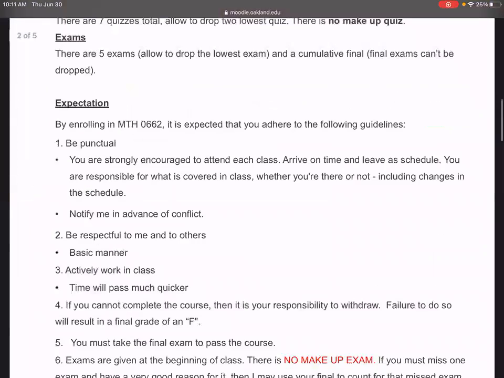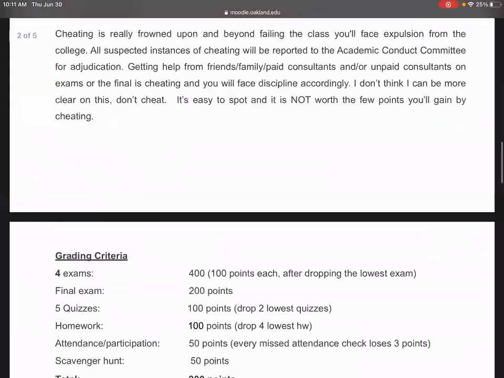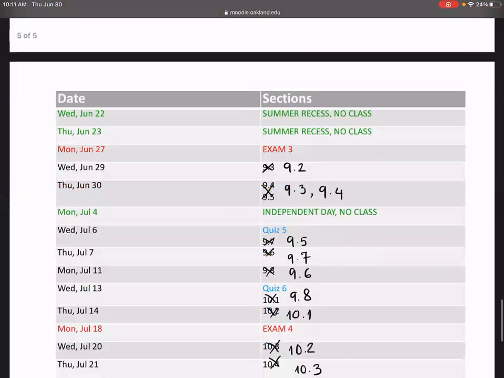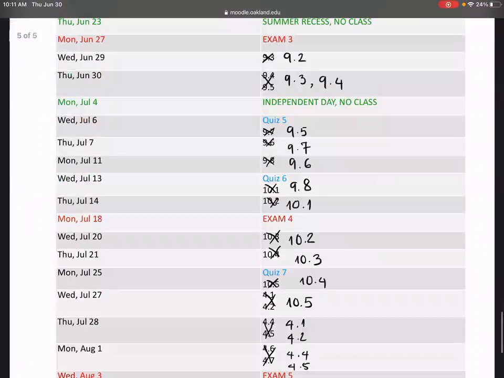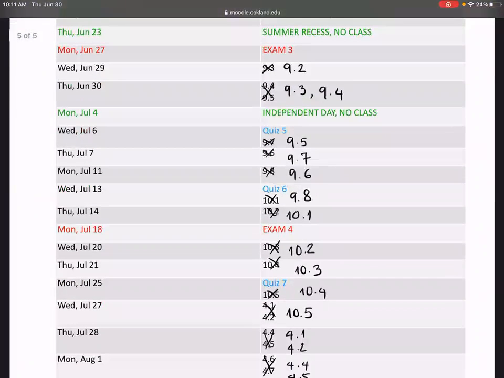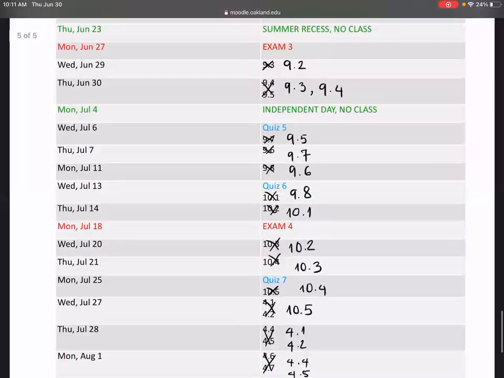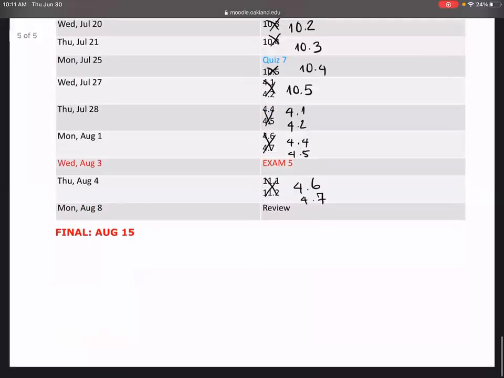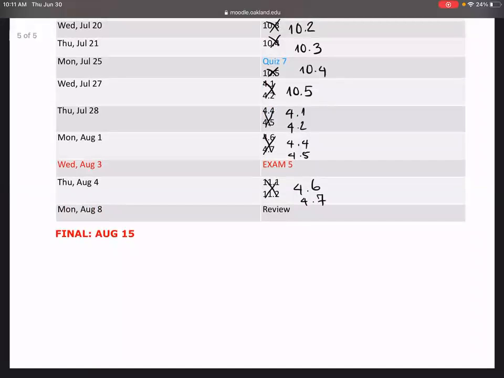All right, syllabus. By the way, I updated the syllabus. I apologize, I didn't make it nice and neat. I just kind of crossed things out. So for example, it's supposed to be 9.4, 9.5 today, but because I missed a section, it's 9.3, 9.4. Now, the good news is that we don't have to do 11.1 and 11.2.